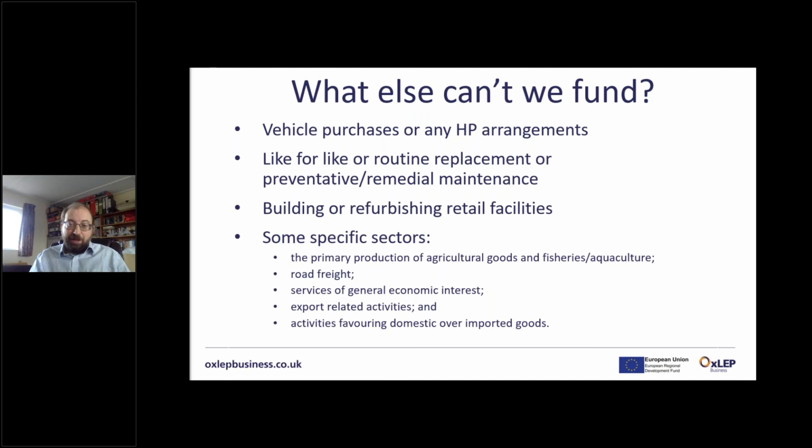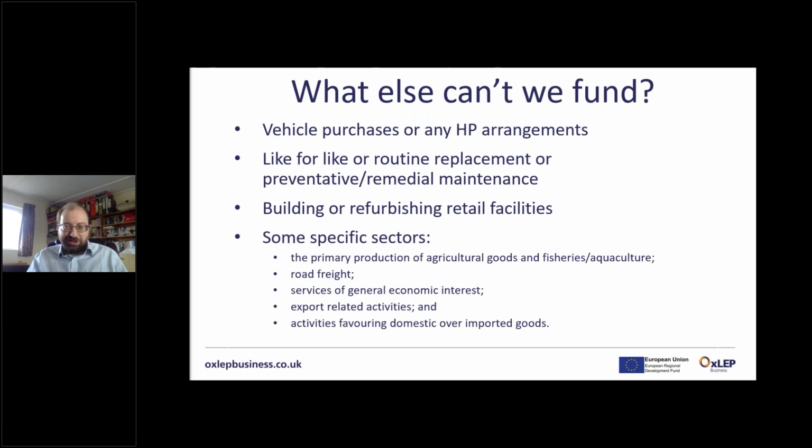We can't help you to build or refurbish retail facilities. And there are some very specific sectors that we cannot support. So we can't support the primary production of agricultural goods and fisheries or aquaculture, so no fish farms, no farms. There used to be a very helpful list of things that qualified as primary production.